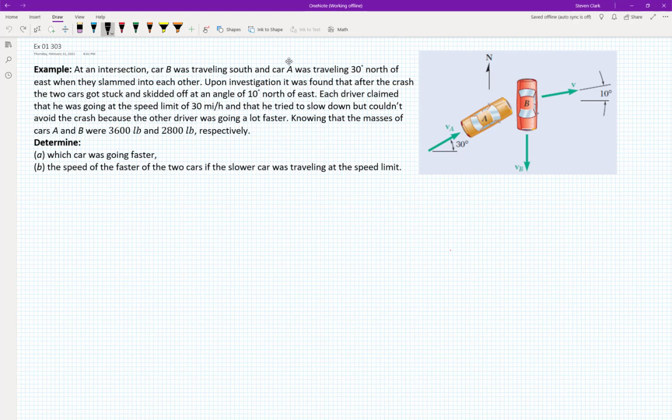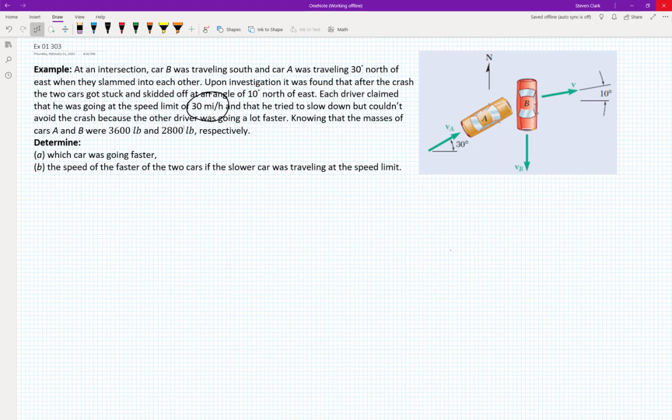And the thing is that the collision happened on the road where the speed limit was 30 miles per hour, right? And each of the drivers tells us that they were obeying the rules, that they were actually driving within the speed limit. And it looks like apparently one of them is lying, yes?